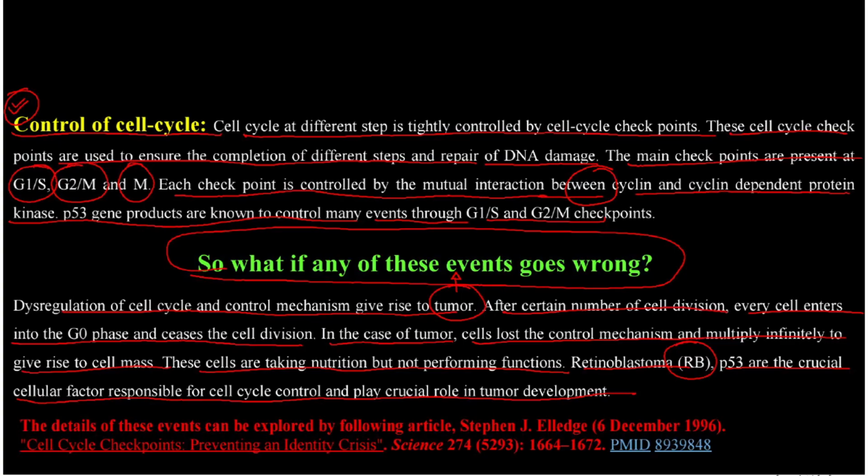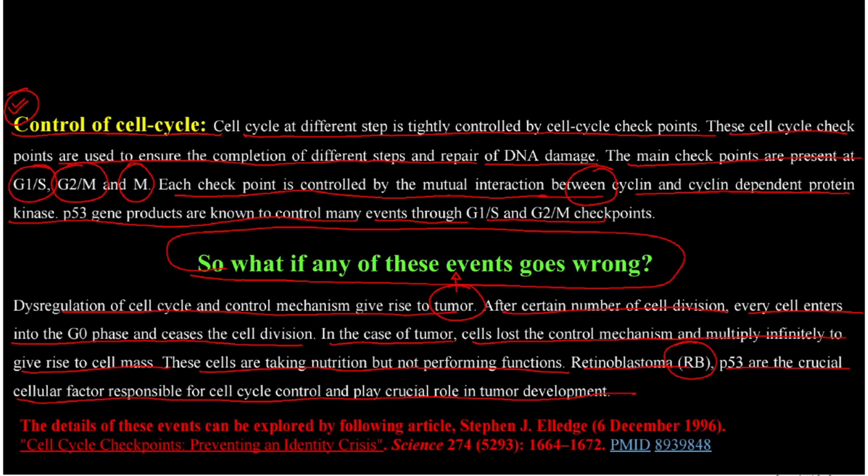So the cell cycle is controlled at different checkpoints which are present in the cell. These cell cycle checkpoints are used to ensure that the completion of different steps and repair of DNA damage occurs properly. The main checkpoints are present at G1 to S transition, G2 to M transition, and at M phase, in between the metaphase and anaphase to telophase.